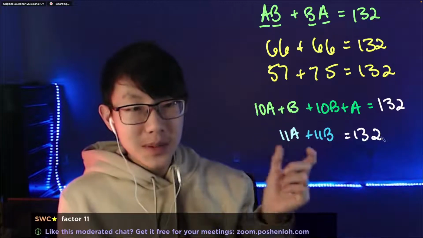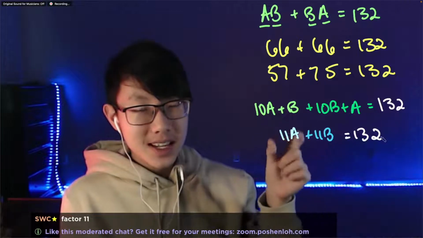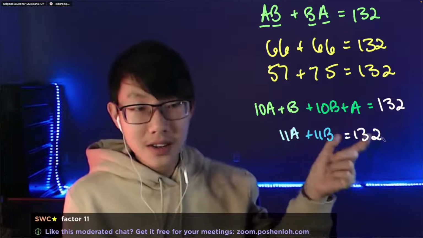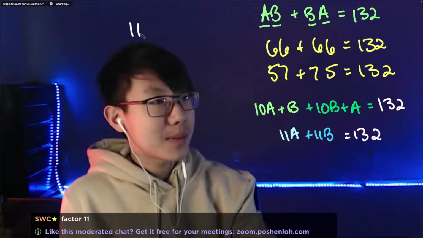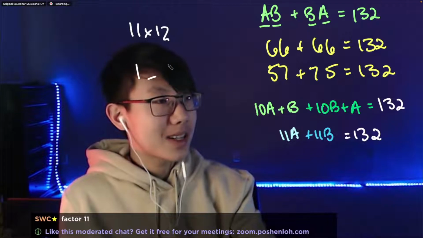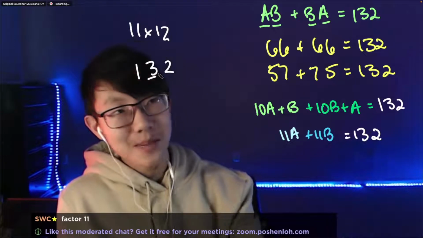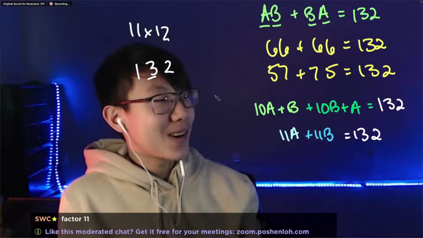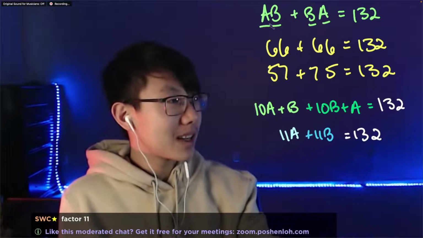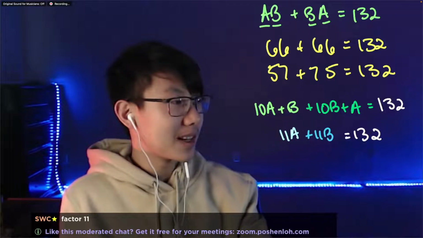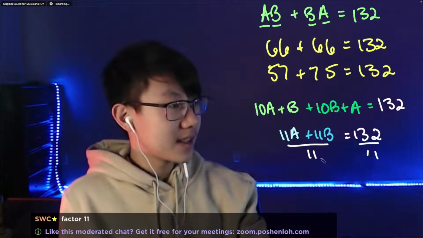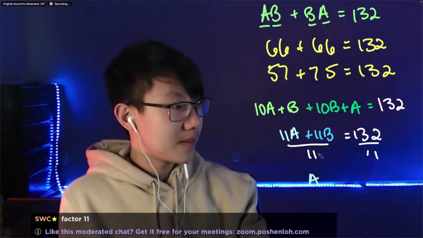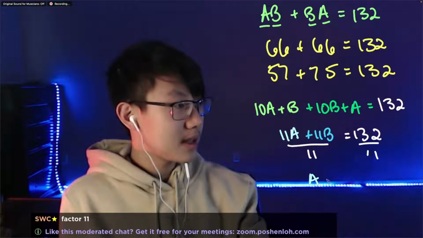All of these are multiples of 11: this has a factor of 11, this has a factor of 11, and 132 is 11 times 12. Remember the trick for multiplying by 11: split it open, 1 plus 2 is 3, bam. So if we divide through by 11, we have to divide every single term by 11. 11A divided by 11 leaves me with just A, and 11B divided by 11 leaves me with just B.